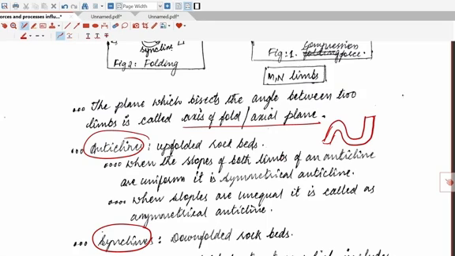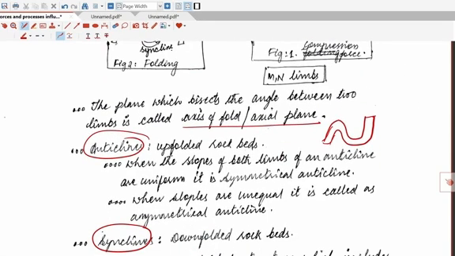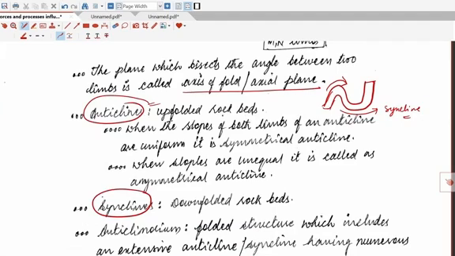So what happened here is, this upper part is called anticline and this lower part is called syncline. As simple as that. Upfolded rock beds are called anticlines.